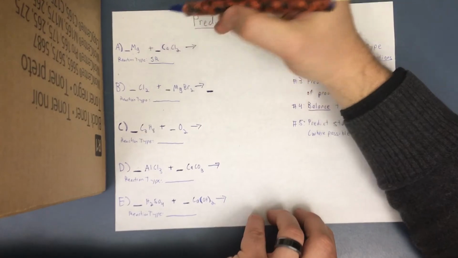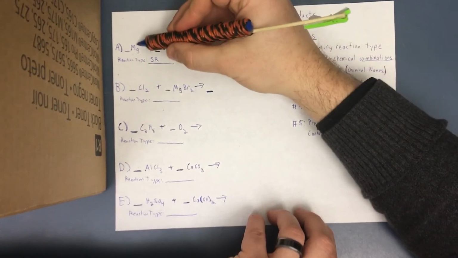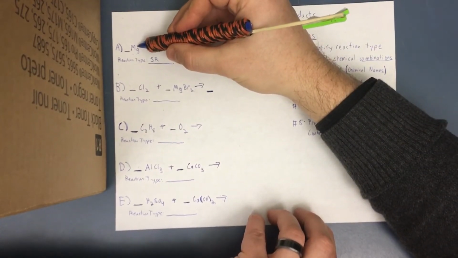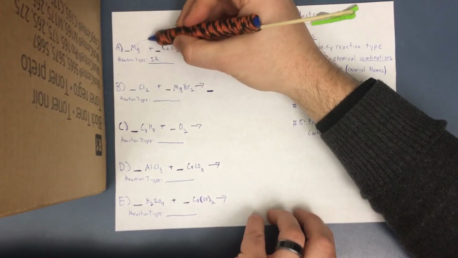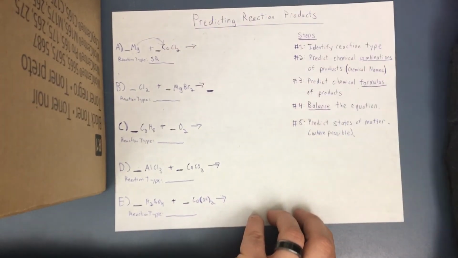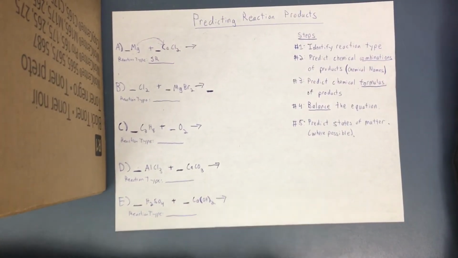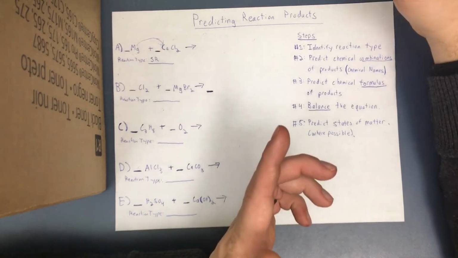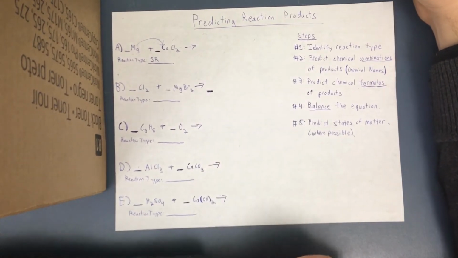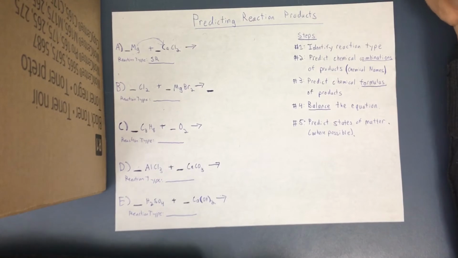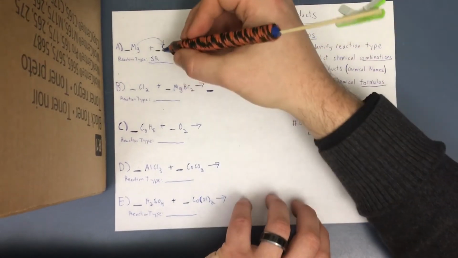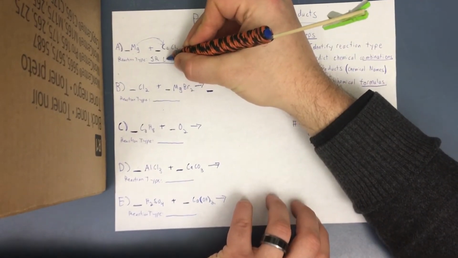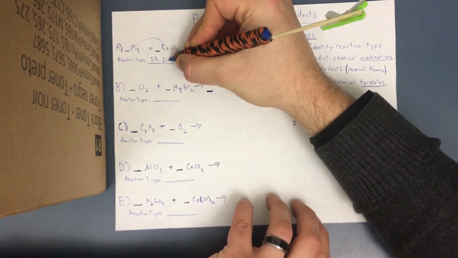And what we're going to predict is going to happen is that the metal, this magnesium metal, is going to come over here and it's going to kick out calcium. Metals are going to replace metals because they're both positive ions. So what type of single replacement reaction this is going to be is this is going to be a cation replacement. So we'll say cation.